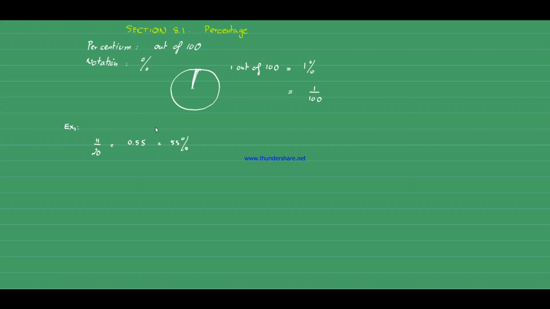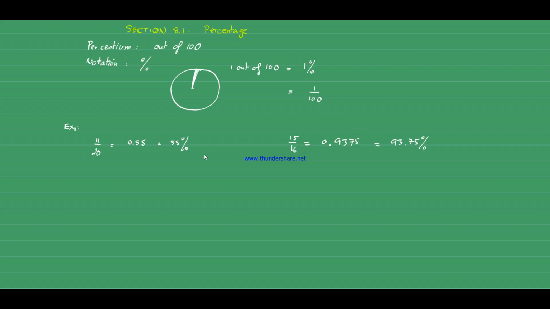That's how you convert it to percentage. Or let's say you have 15 over 16, and you use a calculator, you take 15 divided by 16, so it gives you 0.9375. You move the decimal point two places to the right, which gives you 93.75%.